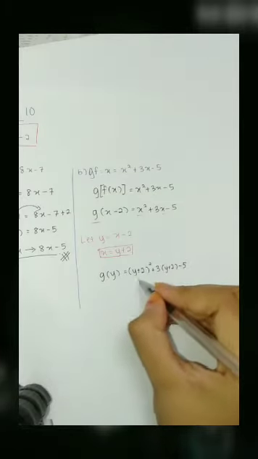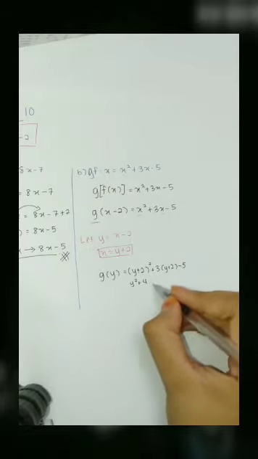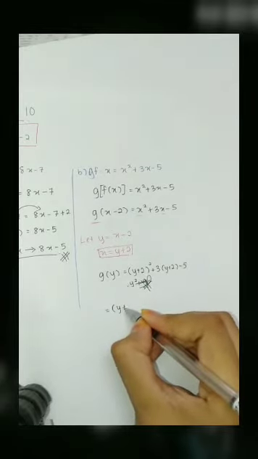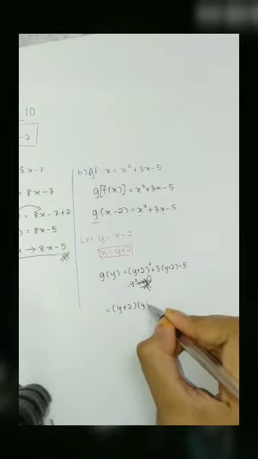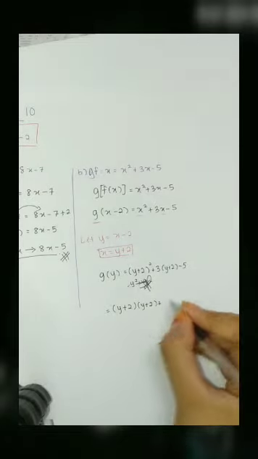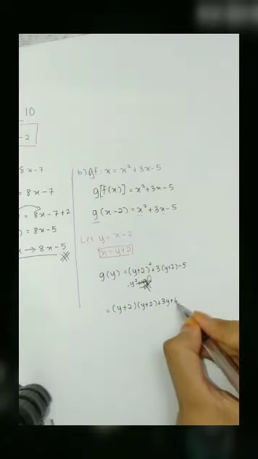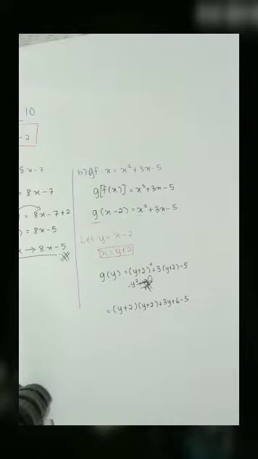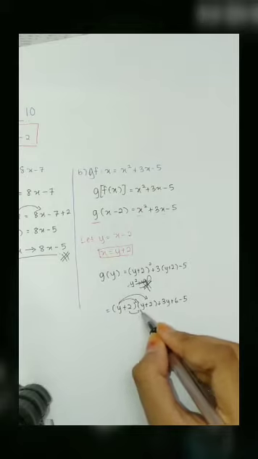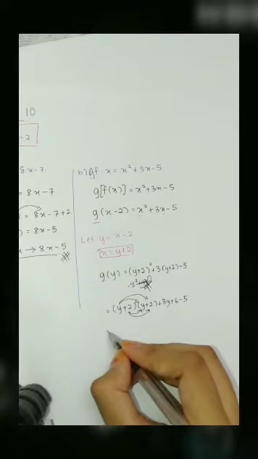So for this, we cannot just write like y squared plus 2 squared, 4. This is totally wrong. So we have to write y plus 2, y plus 2. So this is equal to y plus 2 squared plus 3y, so 3 times 2 plus 6 minus 5. So let's settle this first. It will be more safe if you do like this.